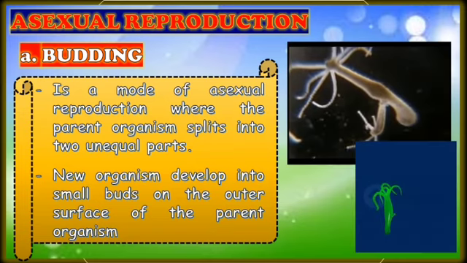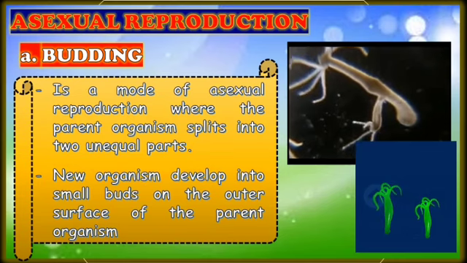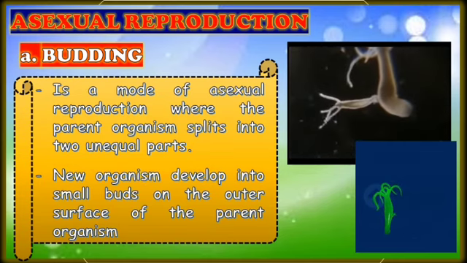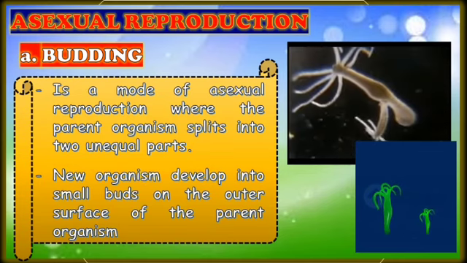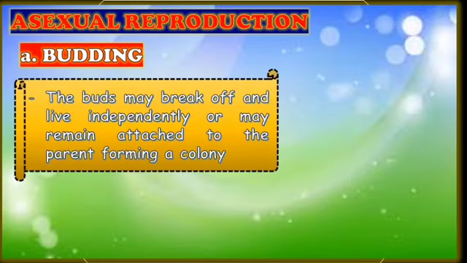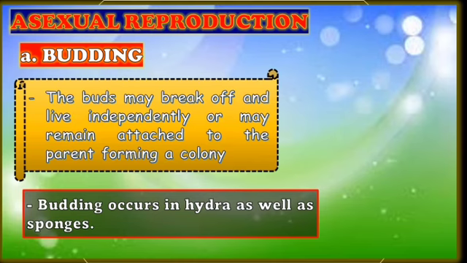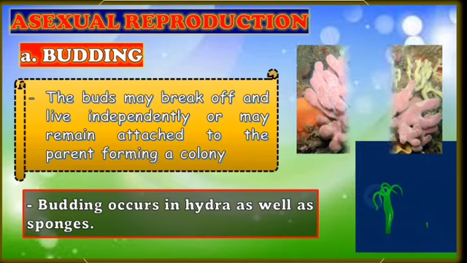These organisms develop into small buds on the outer surface of the parent organism, just like this example, the planaria. The buds may break off and live independently or may remain attached to the parent, forming a colony. Budding occurs in hydra as well as in sponge.